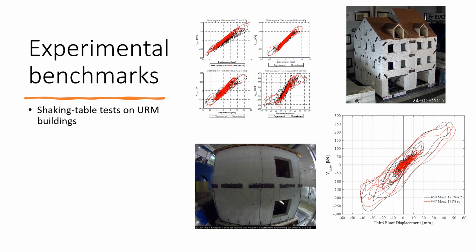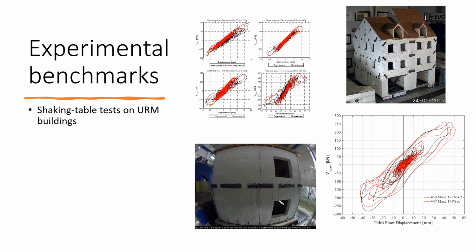The top plots refer to different stages of the test of the house, which is reported in the central part of the slide. This is a 2-story stone masonry house, full scale.